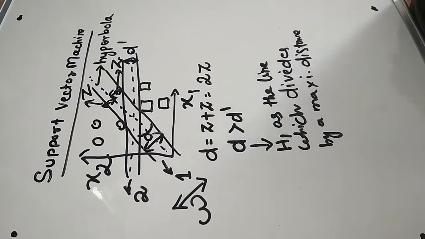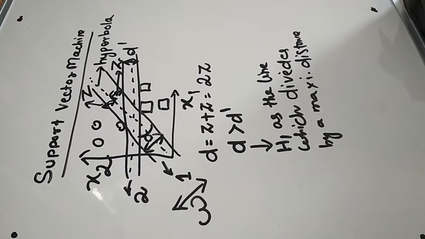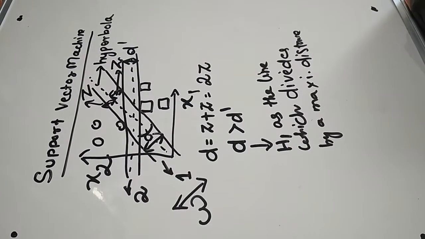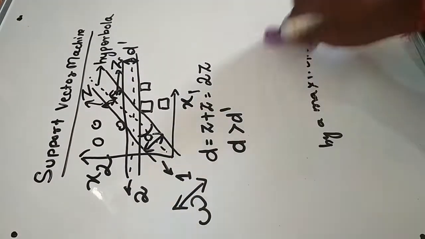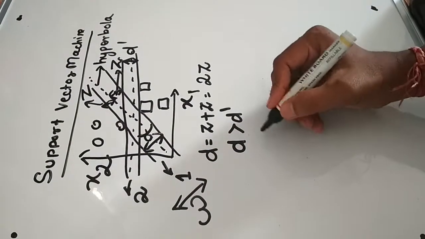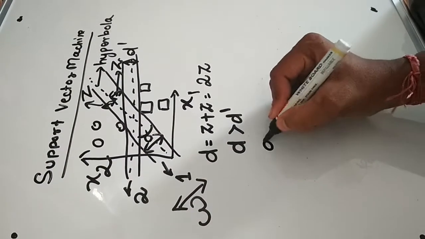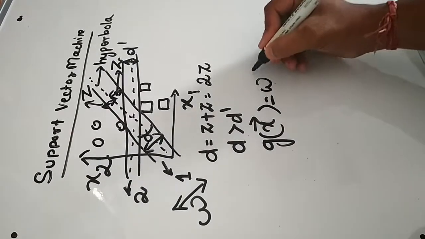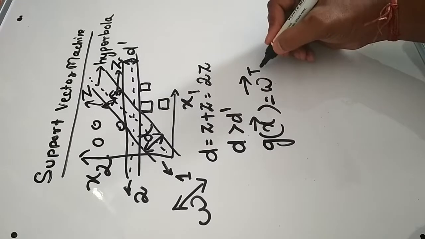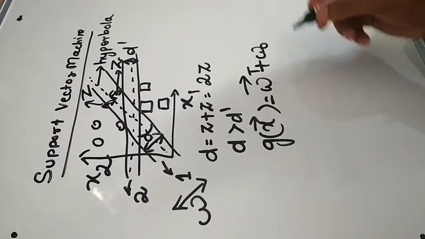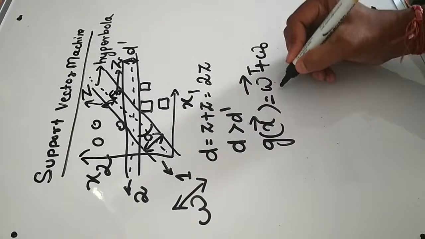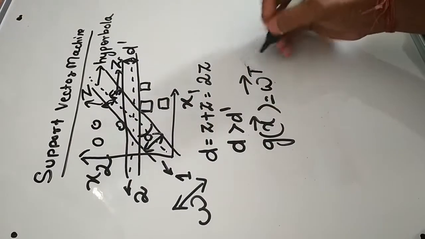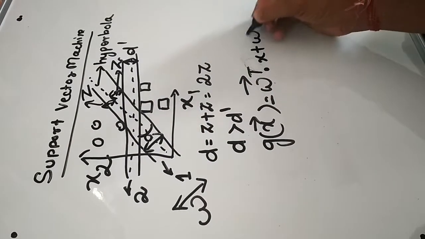Now, what is the equation for the hyperplane? The equation can be represented as g(x) equals w transpose dot x plus w0.